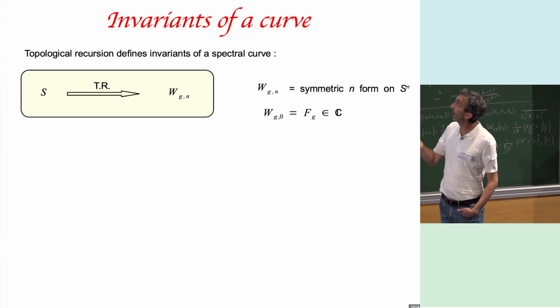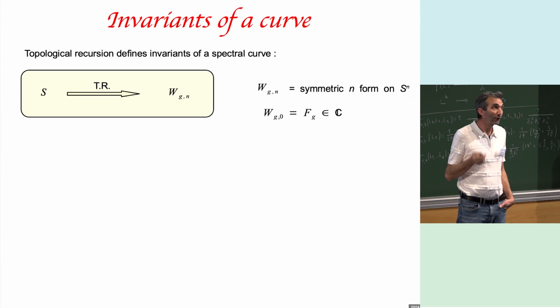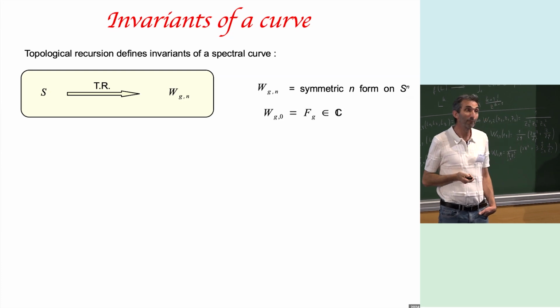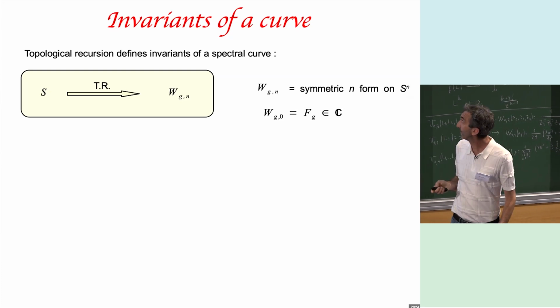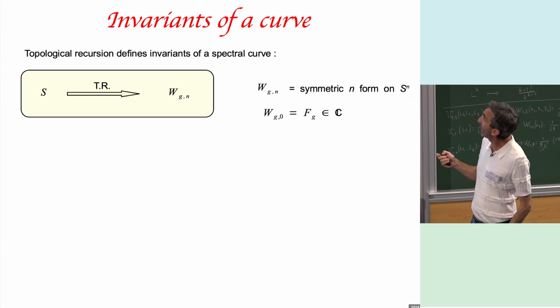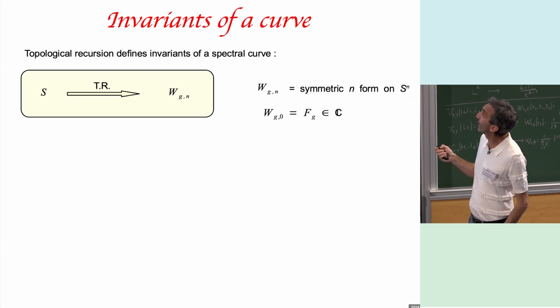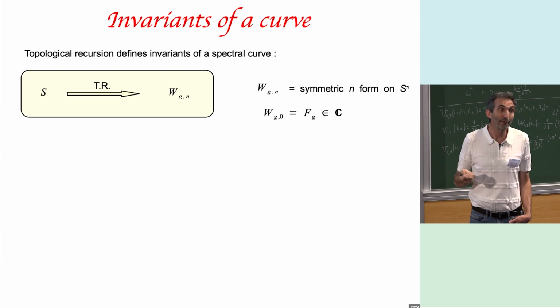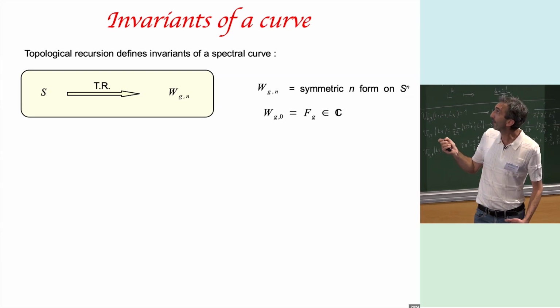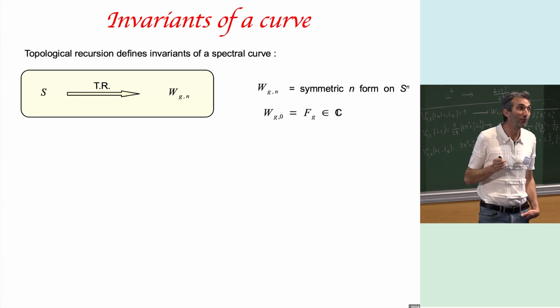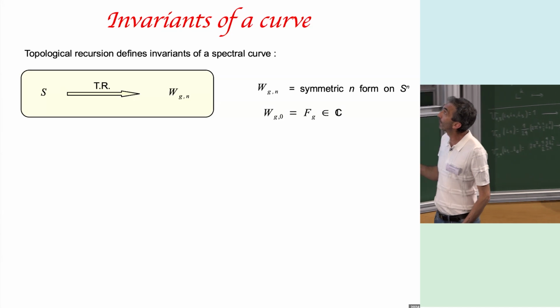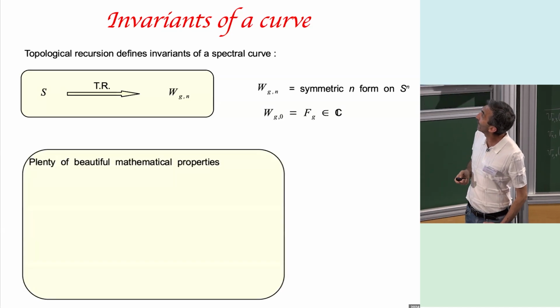As I said, they are symmetric, which is not obvious from the definition. You have to prove it, but it's proved. They are always symmetric. Just a remark, when n equals 0, it's a function of 0 variables. If you want, it's a scalar, and it's customary to call it Fg rather than Wg0. I'm probably going to use this notation later.